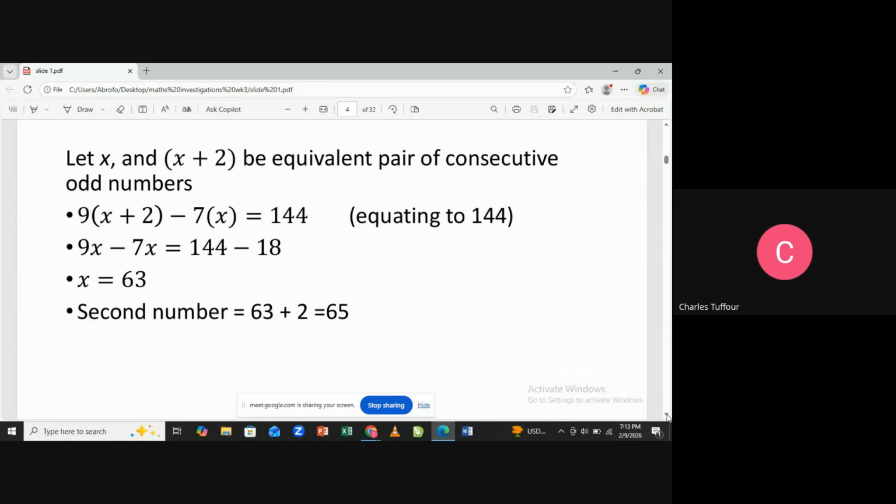So 63 plus 2 will give me 65. Multiply 65 by 9. What's the answer?